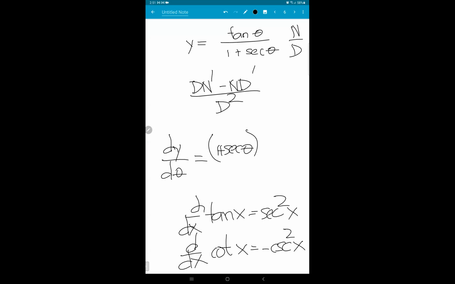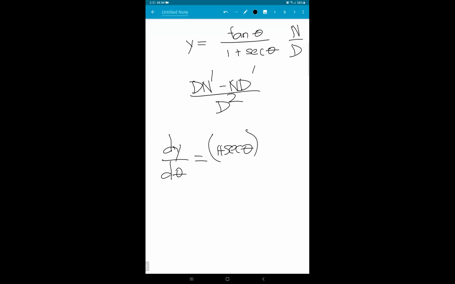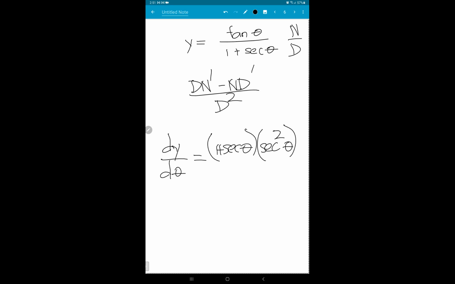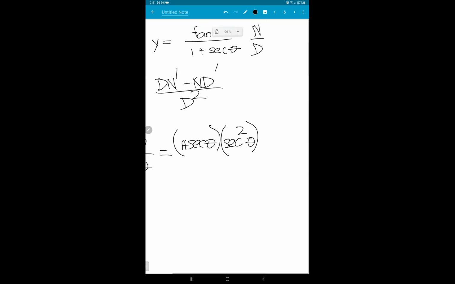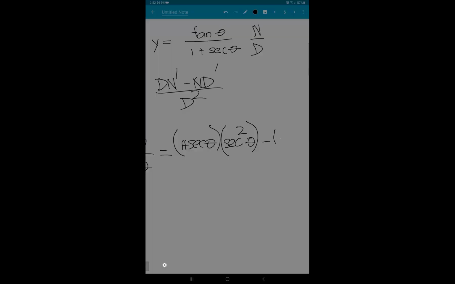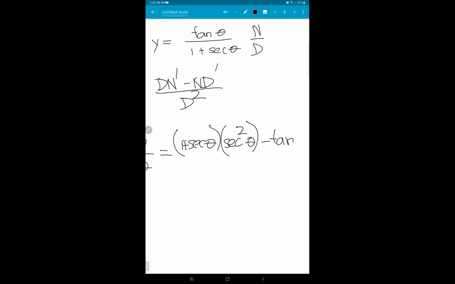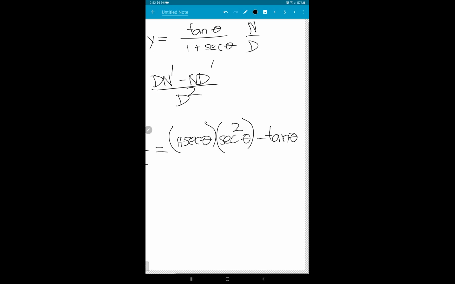Okay, take note and memorize the formulas for the derivatives of trig functions. So the derivative of tan is sec squared. Then minus tangent theta times the derivative of the denominator.